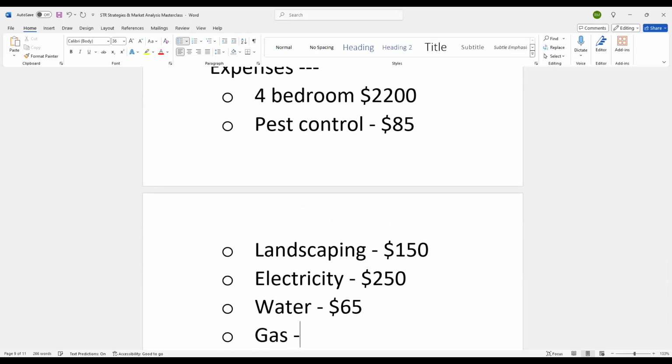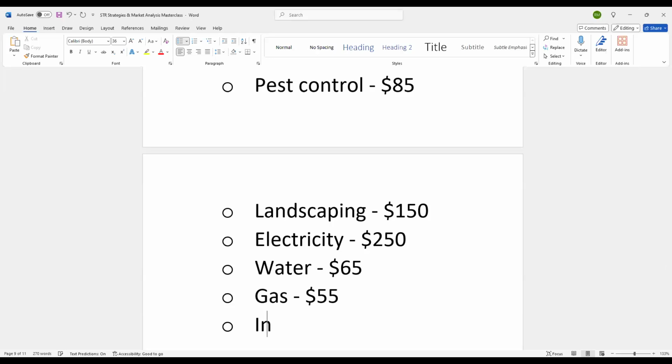You might have gas, and you definitely will have internet, right? So we recommend internet only. You don't want to do cable. Most robust internet services are going to be $90 to $100 depending on the area. And so you definitely want to factor that in there.